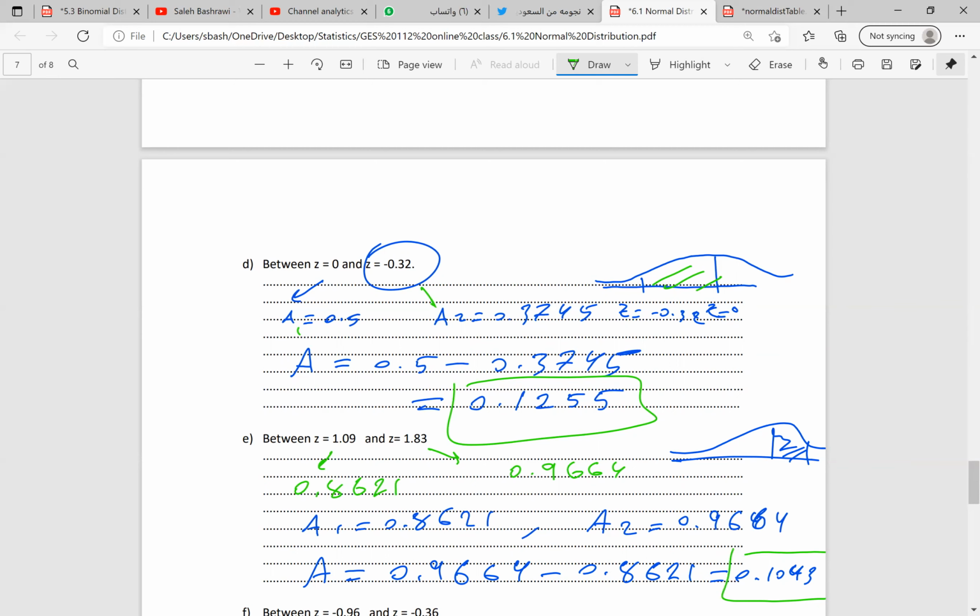As I mentioned before, these areas will be used in the coming lectures as a property of the normal distribution, to find probabilities of the normal distribution. So that's it for today.